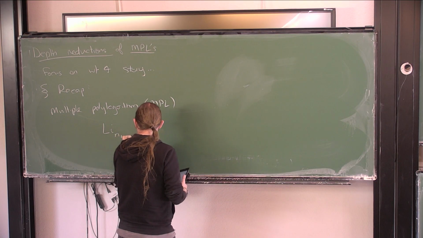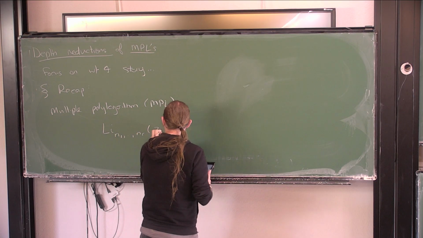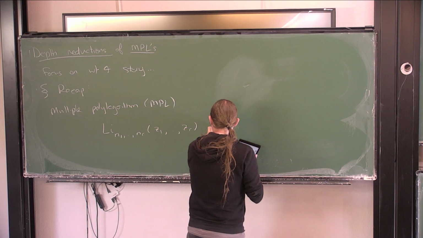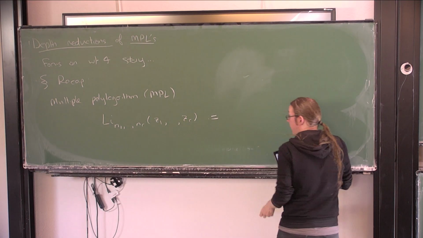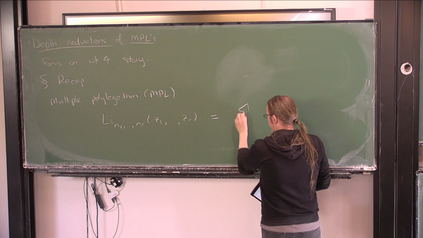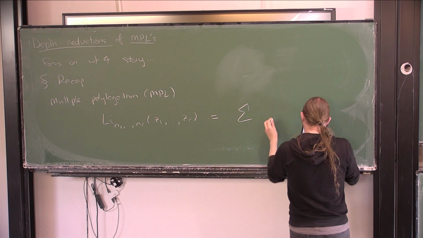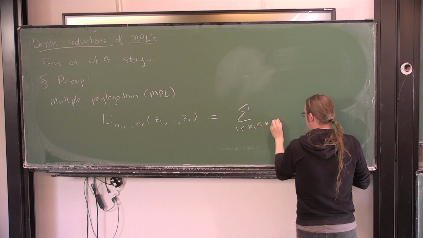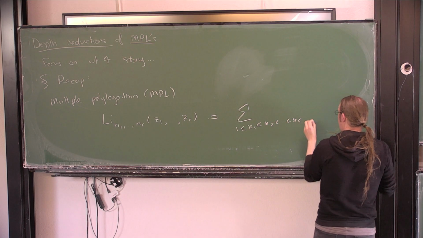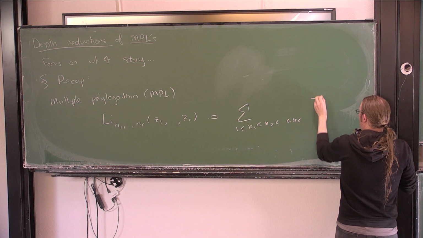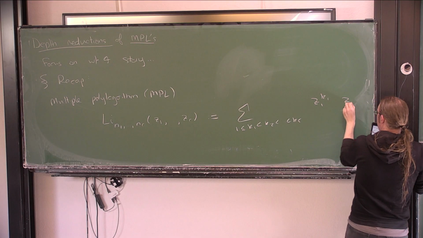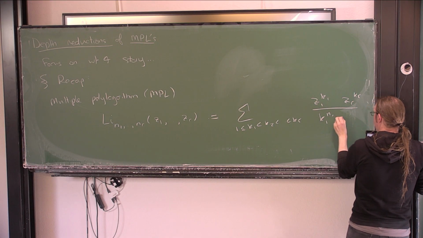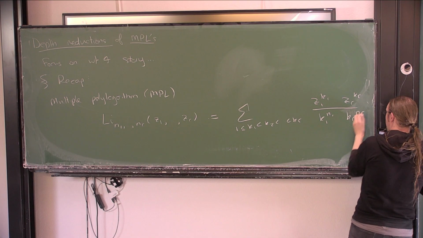With indices n_1 through n_r, and z_1 through z_r, it is, as an analytic function, just the sum over 1 ≤ k_1 < k_2 < ... < k_r, of z_1^{k_1} ... z_r^{k_r} over k_1^{n_1} ... k_r^{n_r}.